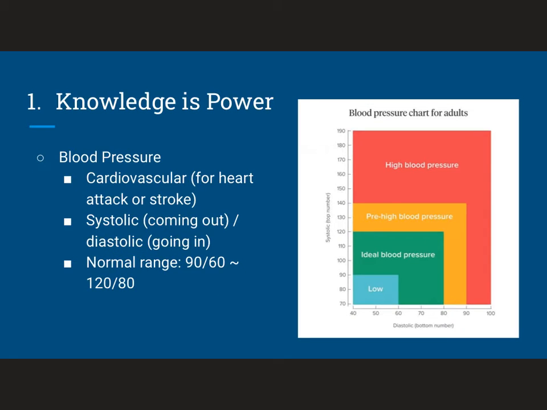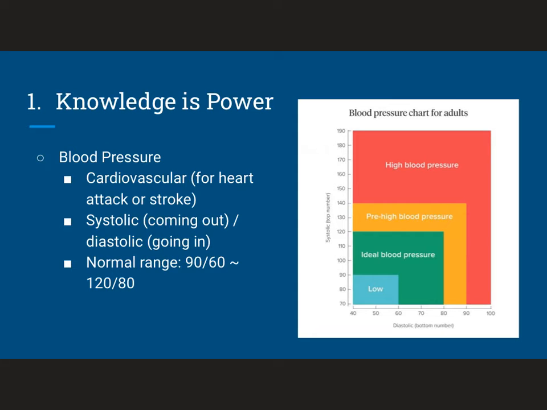The next one is going to be blood pressure. You may have had an experience measuring your blood pressure either at a hospital or maybe at a clinic or health fair, and they check 2 things. First is going to be the systolic, and the second is going to be the diastolic numbers.